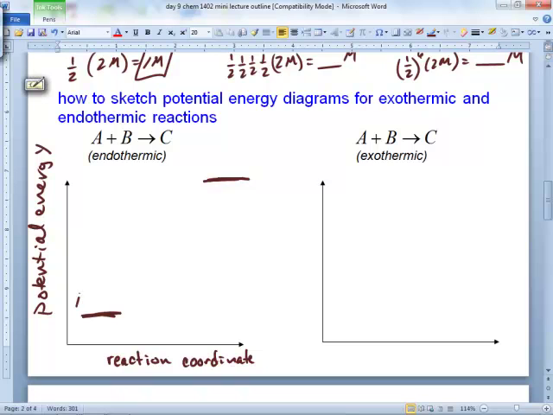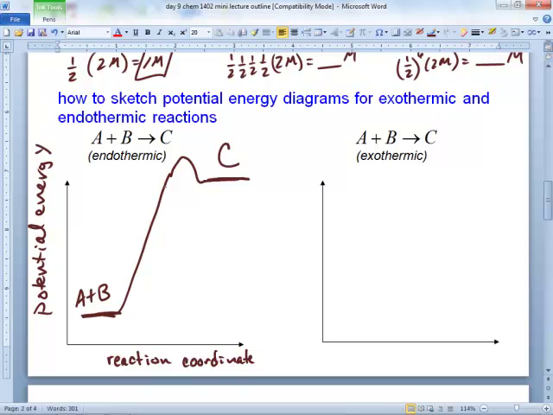So whatever the reactants are, you write them here. In our case, it's just A and B, but whatever they were, you'd write them down there. And whatever the products are, you write it up there. They don't want you to draw a straight line between the two. They want you to draw a little hump.